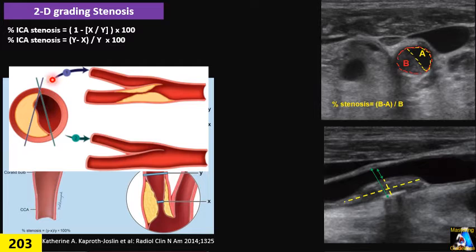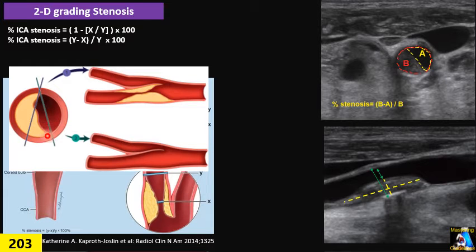If we angle a little the other way, we can cut this ICA at this plane and show it as very stenotic, almost close to occlusion. So that is the problem with this 2D measurement.